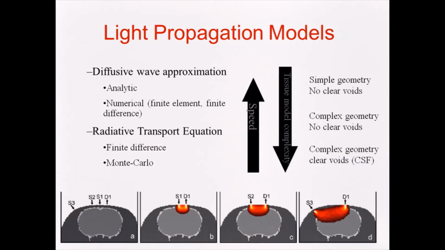Okay, so there are other models for light propagation through tissue than that. What I presented on the last couple of slides was a diffuse wave approximation with an analytic solution. You can also handle more complex geometries using numerical solvers. And then you can go to more sophisticated models that retain a little bit of the memory of where the light was going, the radiative transport equation.